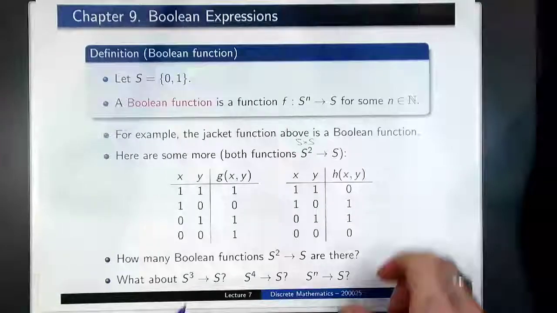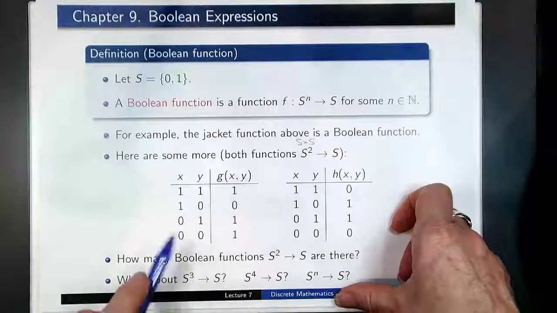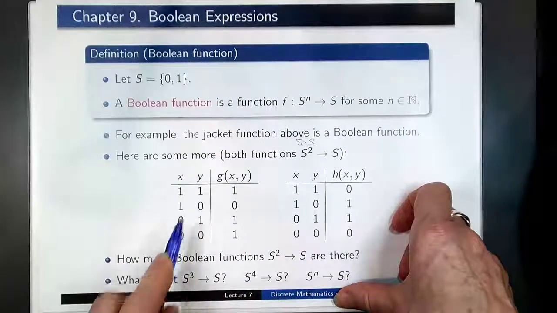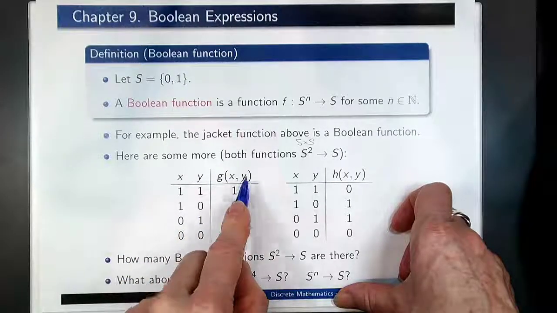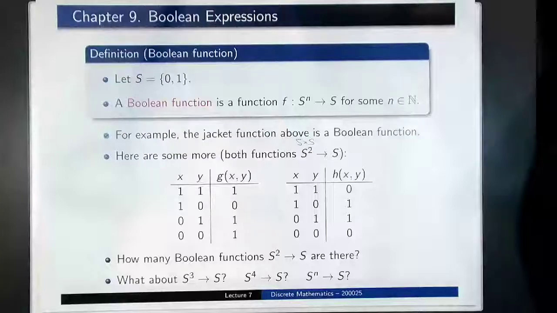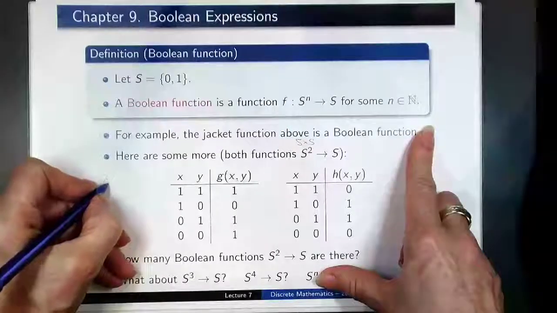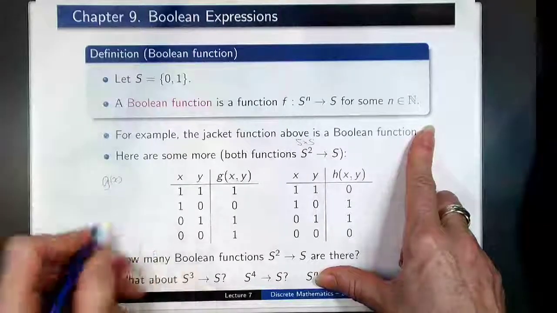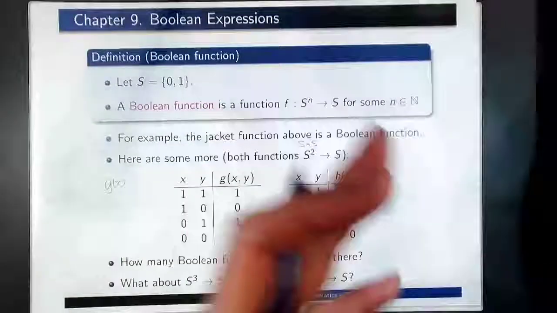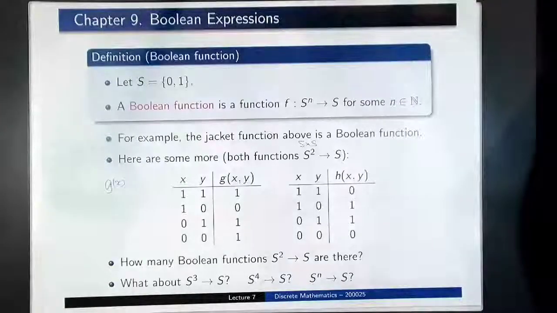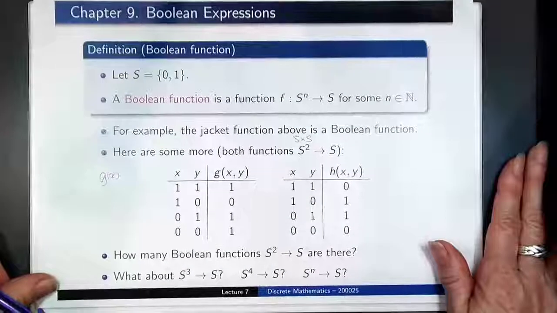Now, we write x, y there because if that's x and that's y, then the inputs to the function are x and y in that order. What you're used to is just a single input in maths, but you can have 2 inputs or 3 or 564 or infinitely many.